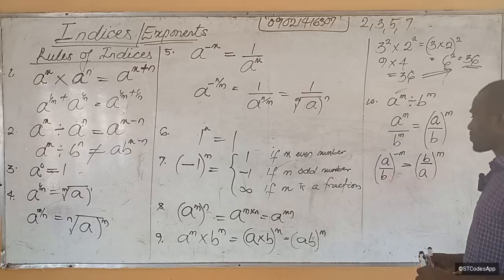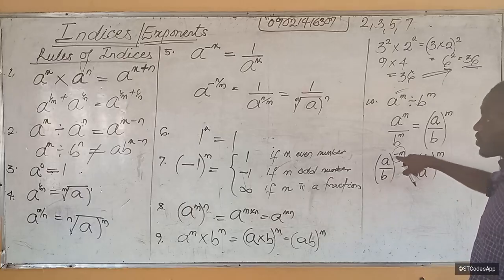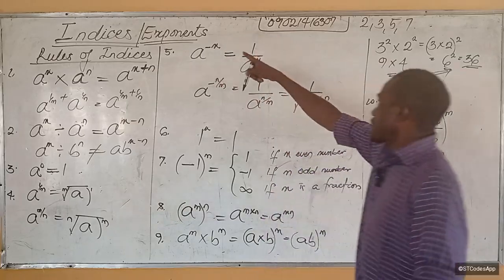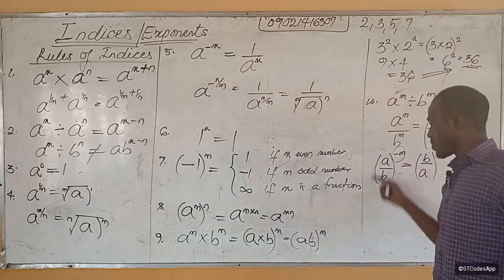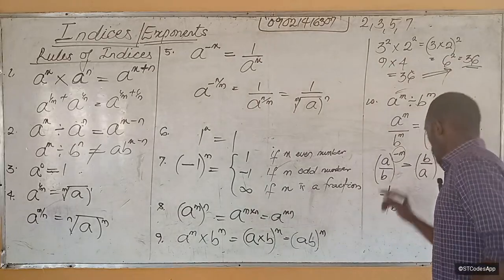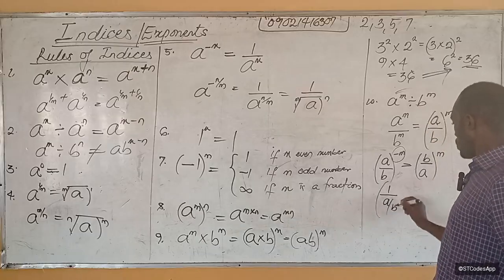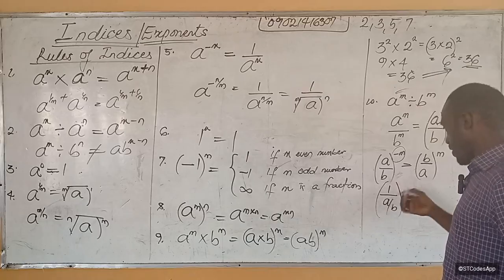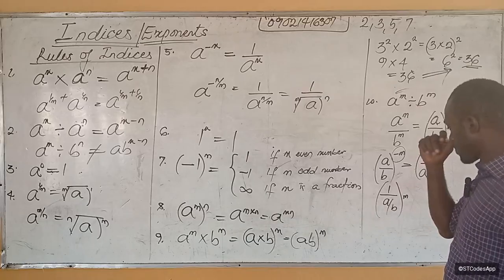How did this change? Remember, the negative power rule says that we should take it as 1 over that base. The base now is this fraction, so it will be 1 over a over b, all raised to power m. Either way you put it, raised to power m.